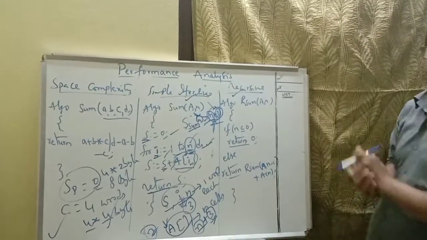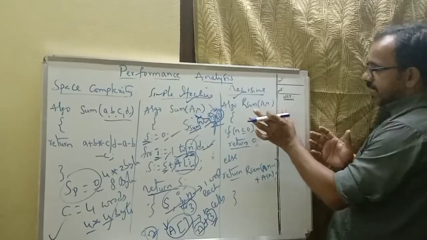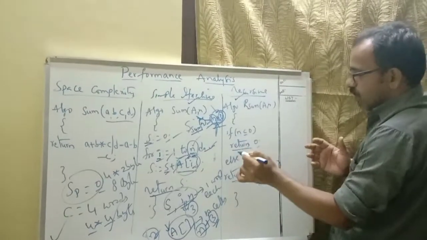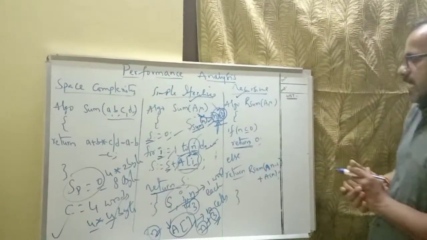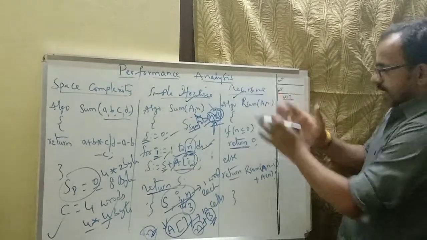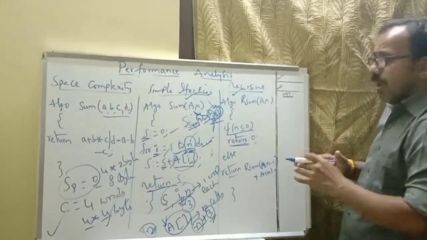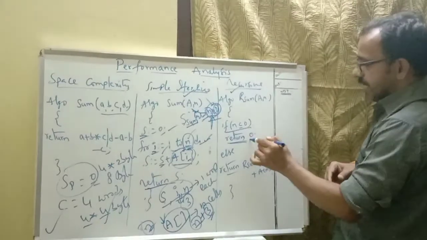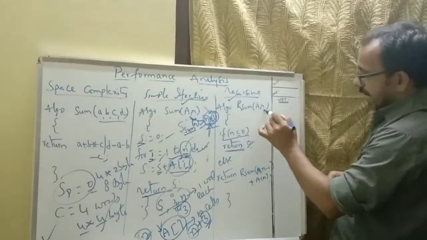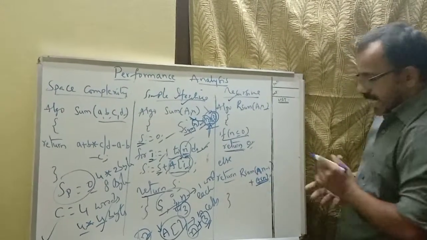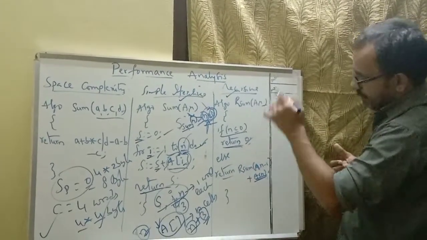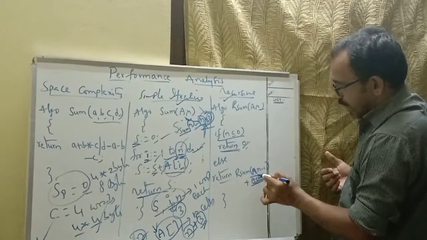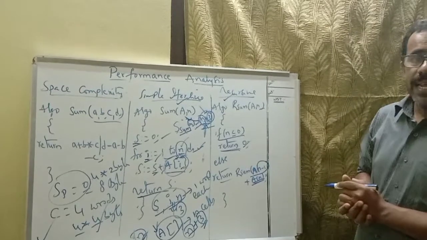Suppose we move to the simplest recursive procedure. In the simplest recursive procedure, only one statement is there in true or false. If n is less than or equal to 0, which means all items are already considered, then it returns 0. Otherwise, at n it extracts a of n outside and immediately calls the same procedure on the remaining n minus 1 elements.